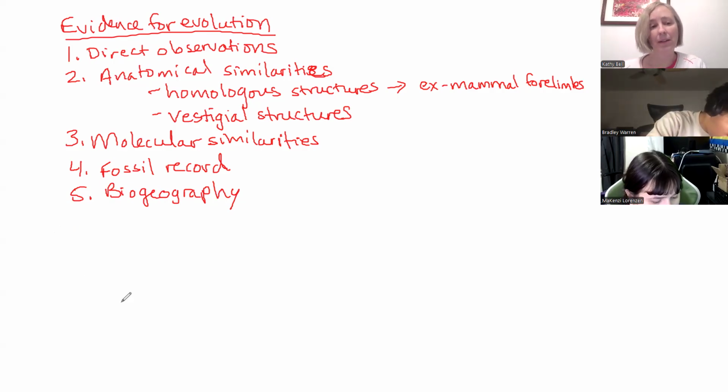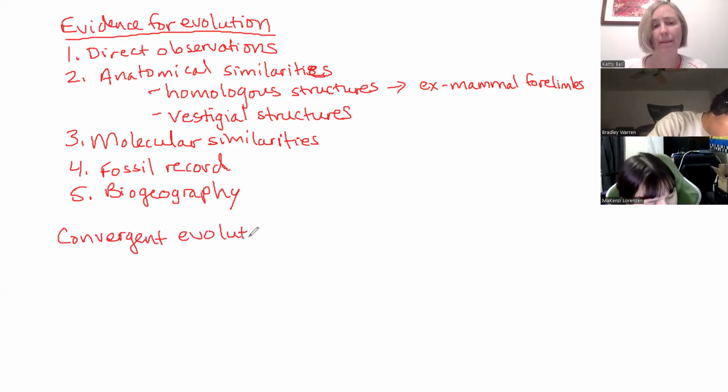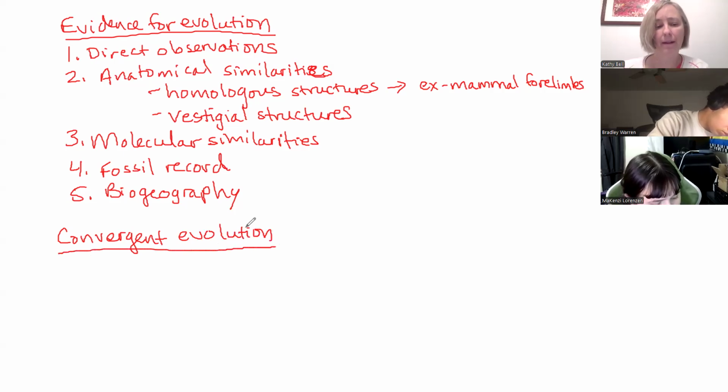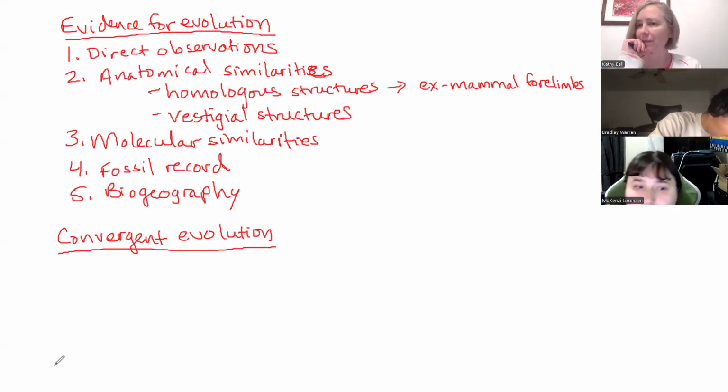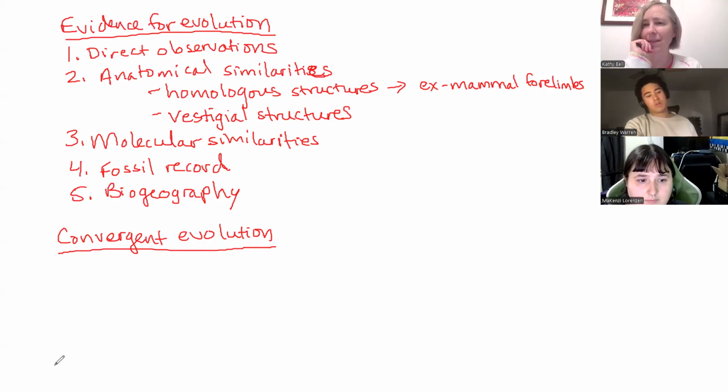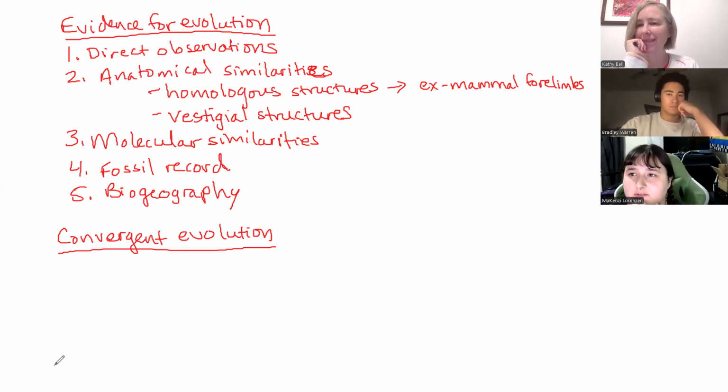And then we also have something called convergent evolution. So what is convergent evolution? What would be an example of that? That's when different species resemble each other, like bat and bird.